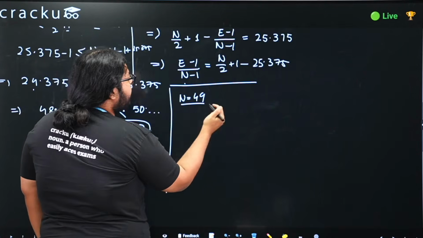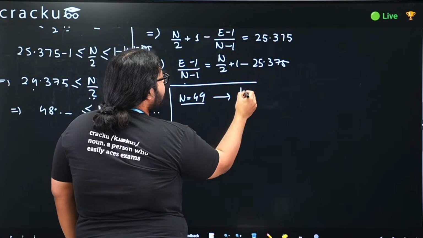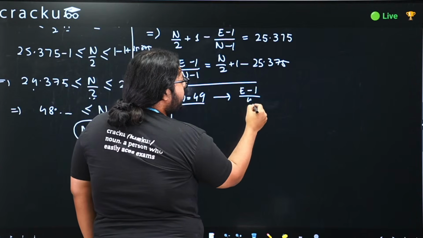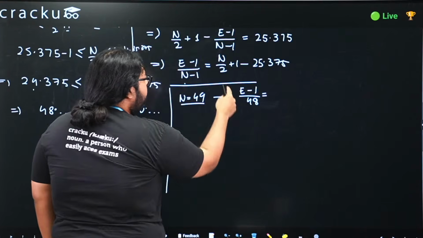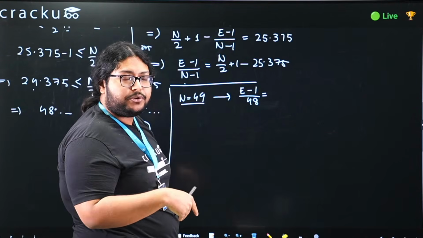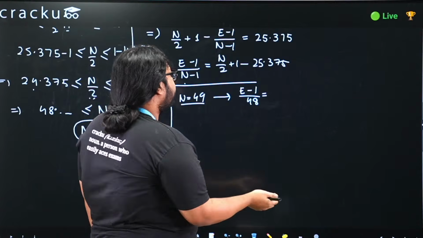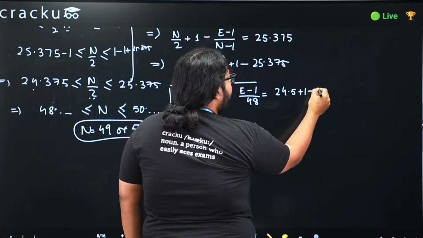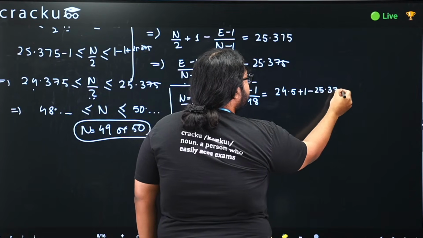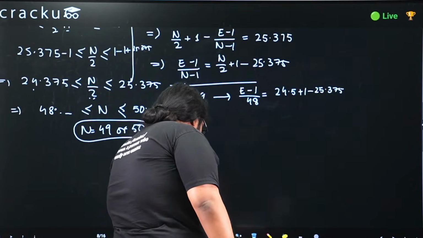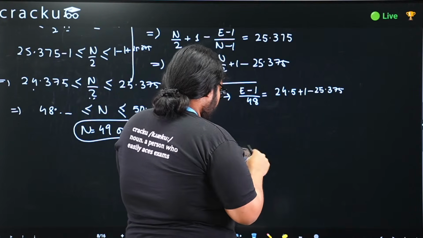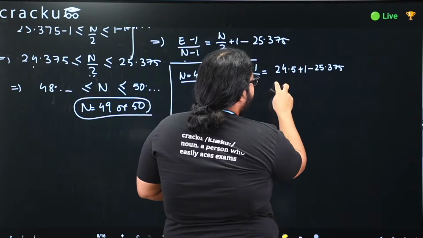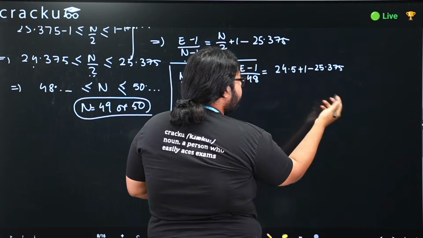When N is 49, in that case E minus 1 by N minus 1, which is 49 minus 1, which is 48, should be equal to N by 2, 49 by 2, which is 24.5. 24.5 plus 1 minus 25.375. So this should be 25.5 minus 25.375.